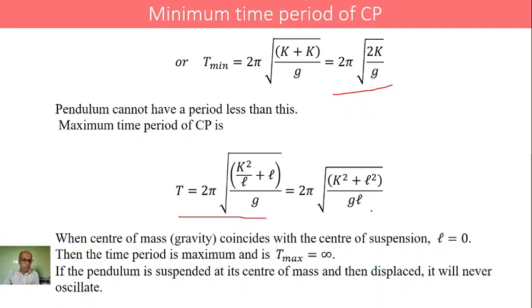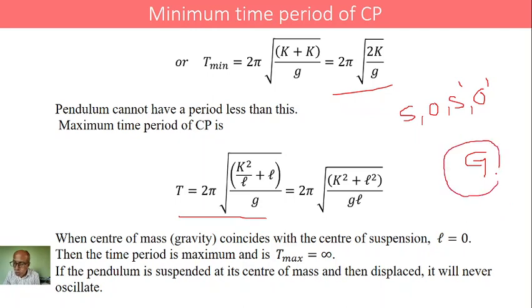And when the center of mass coincides with the center of suspension, in the sense the compound pendulum is made to oscillate about G. So far it was made to oscillate about S, about O, S dash and O dash. Now it is made to oscillate about G.